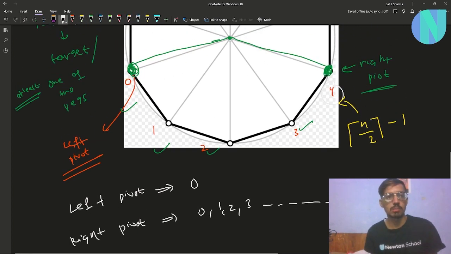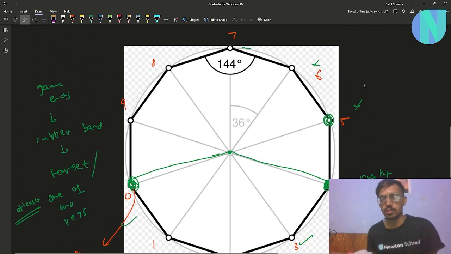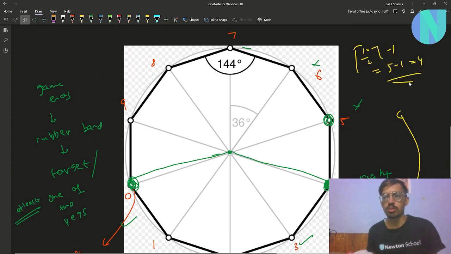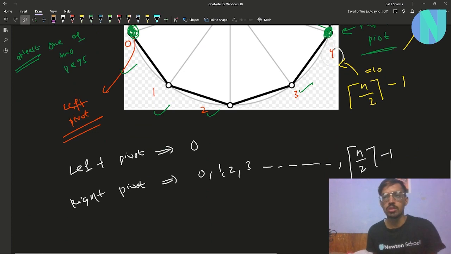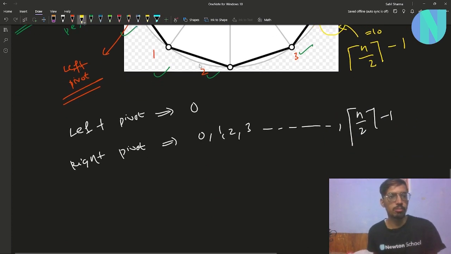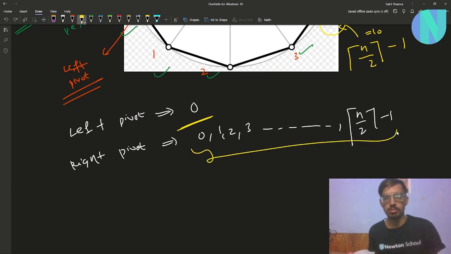For example, if you put n equal to 10, you will get ceiling of 10 by 2 minus 1, which is 5 minus 1, which is equal to 4. So 4 is the rightmost pivot that you can get. So if my left pivot is 0, then my right pivot has possible values from 0 up to ceiling of n by 2 minus 1.